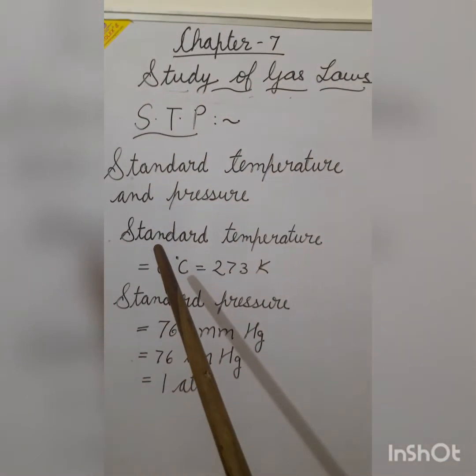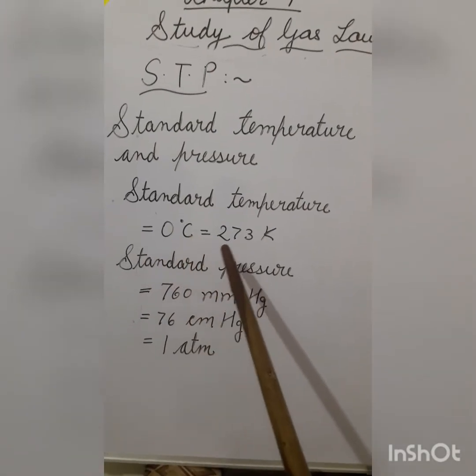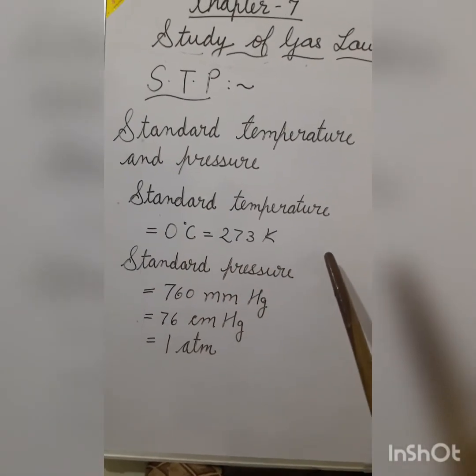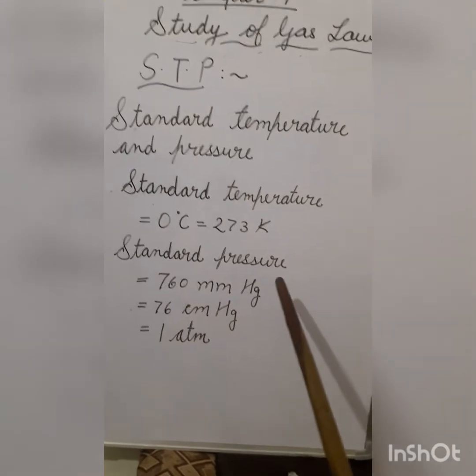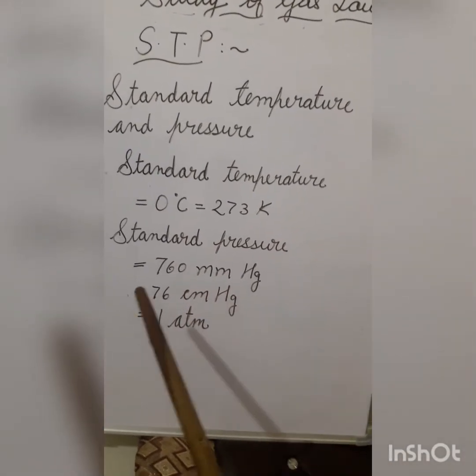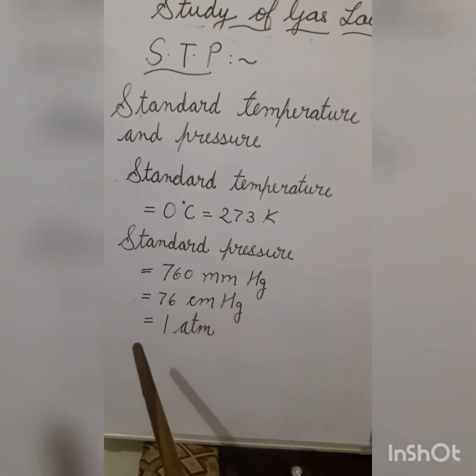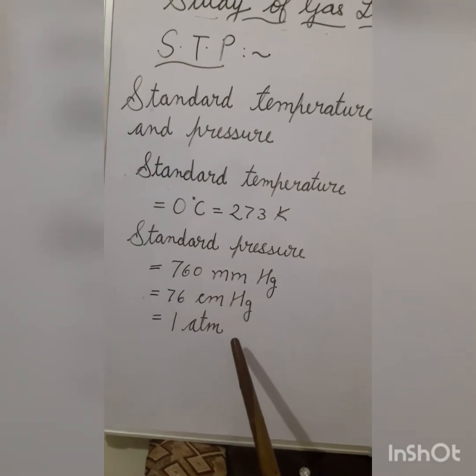The standard temperature is 0 degrees Celsius equal to 273 Kelvin, and the standard pressure is 760 mmHg equal to 76 centimeter of mercury equal to 1 atmosphere.